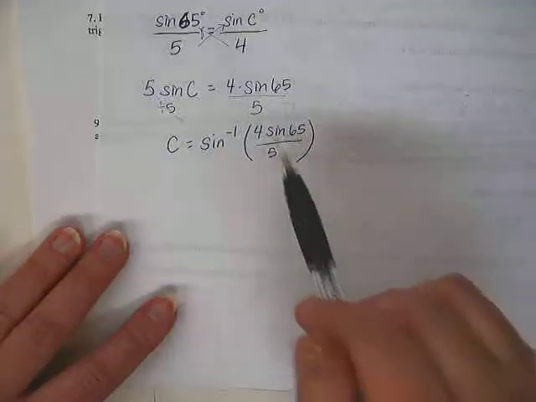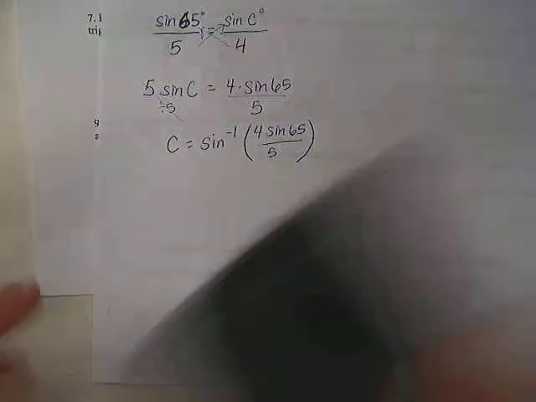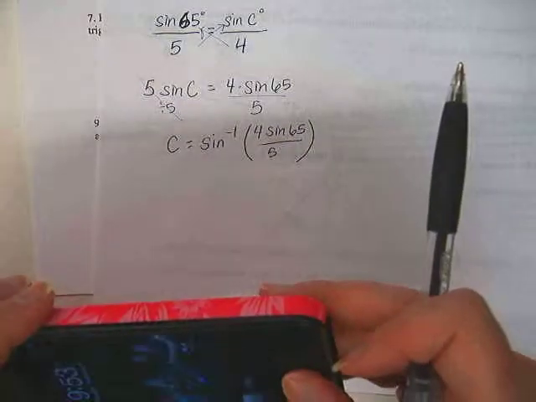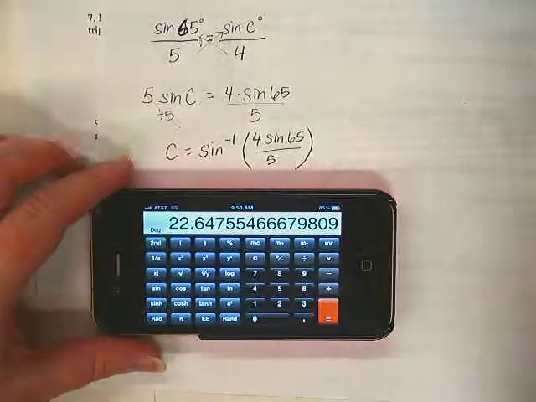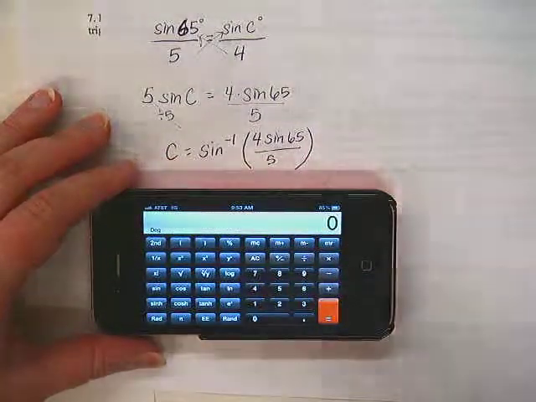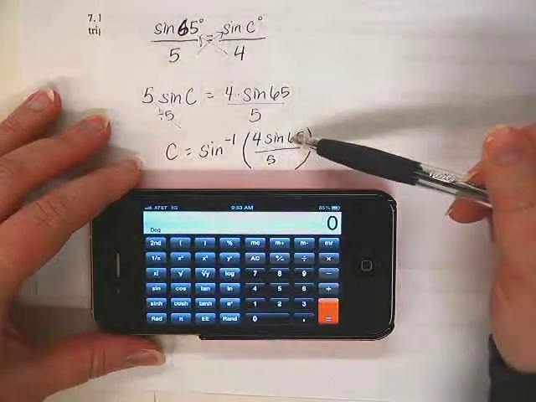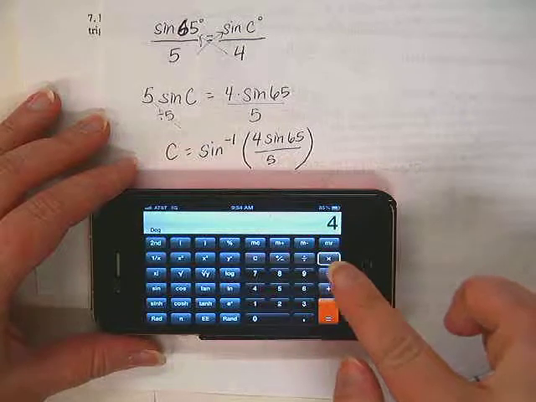Okay, so now if you were using one of my calculators, you can just type this in just like it is. But if you're using your iPod calculator, it's a little bit tricky to type in. So let's do it carefully together. First, I'm going to do 4 times the sine of 65.